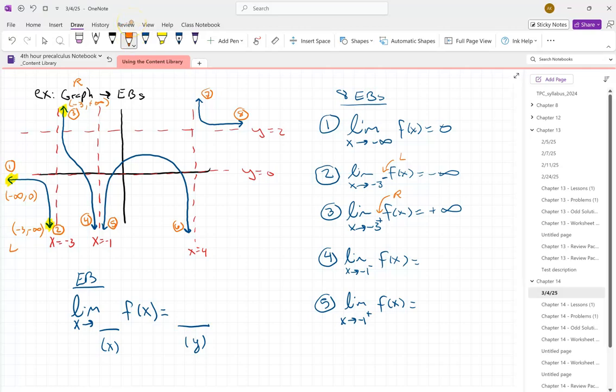You guys kind of see what I'm doing? So again, if I write my 2 now, for 4 and 5, they're both -1, but they're both pointing down. So these should both equal -infinity, right?